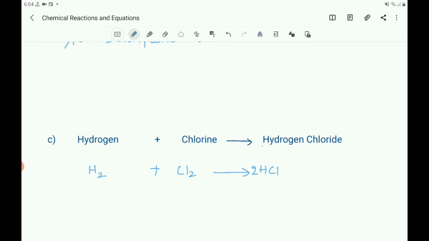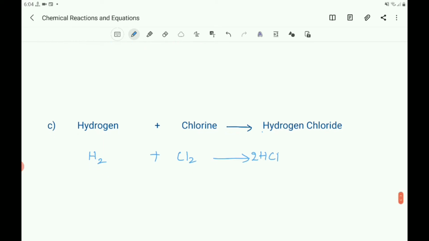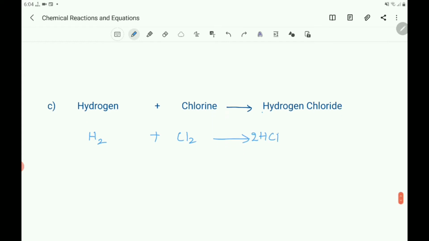And what type of reaction is it? Here two elements combine to give one single product. Then what type of chemical reaction is it? It is a chemical combination. Mention the type. Type of reaction: it is a combination reaction.